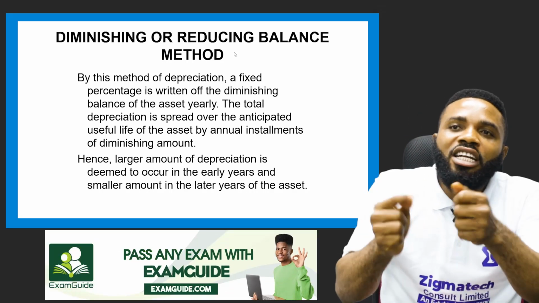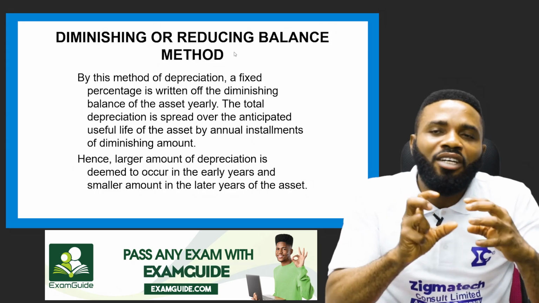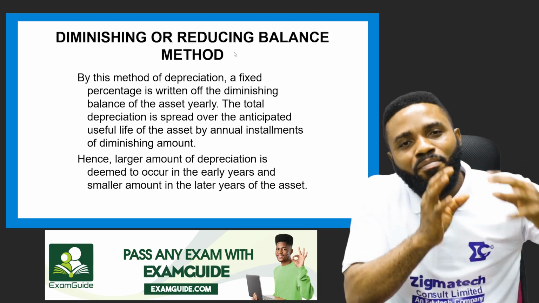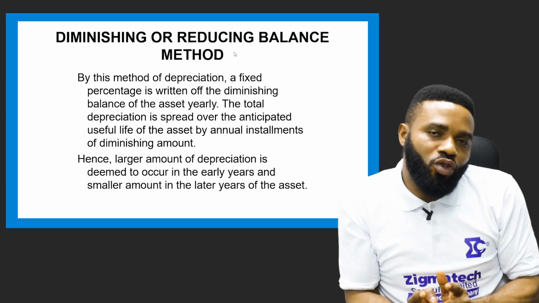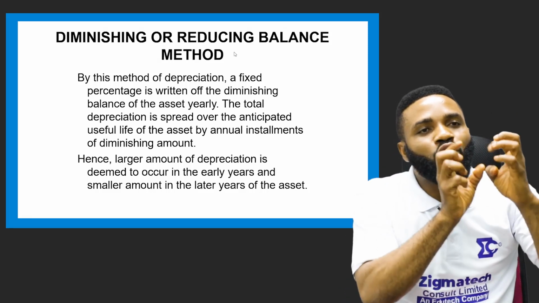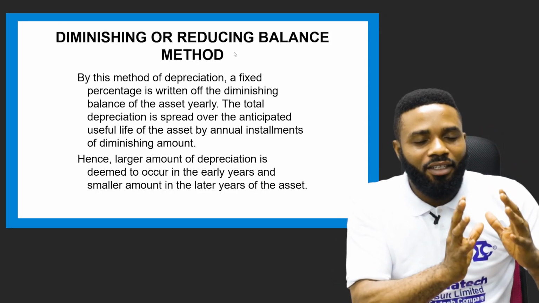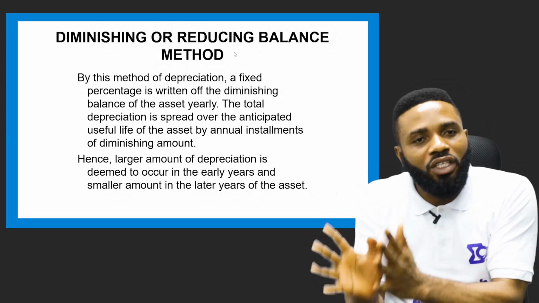So when we bring it to the method of calculating depreciation, when you hear diminishing, we are trying to say that the amount of depreciation charged in year 1 of the asset will continue to reduce, unlike the straight line method. In the straight line method, if it is 20,000 charged in year 1, by the time you get to year 2, it will still be 20,000.